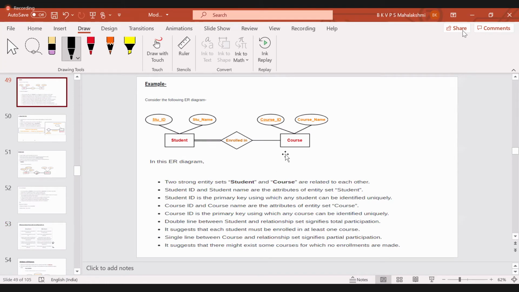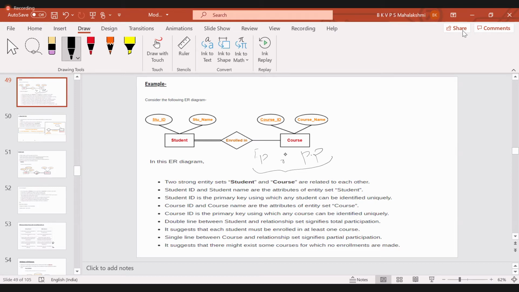It might have total participation or partial participation, but there is no constraint that there should be total participation for the strong entity. For a strong entity, you can put two lines or a single line to the relationship with the other entity.